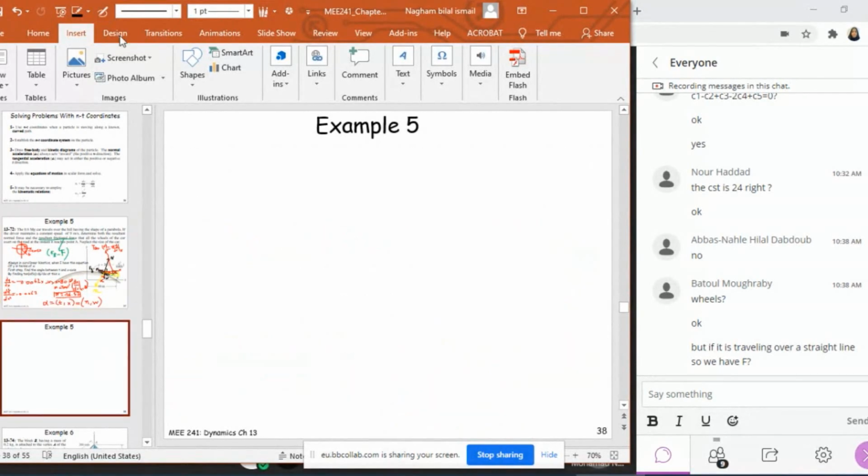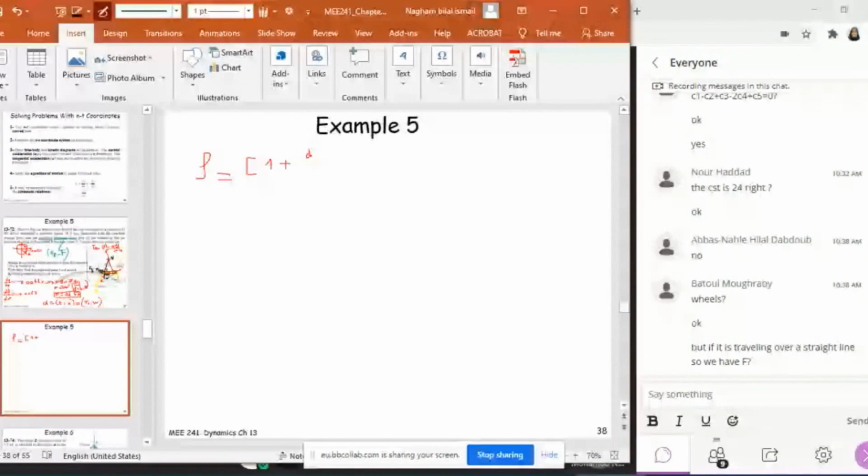Now, if I know d squared y over dx squared, I can find rho. Let's write it down: rho is 1 plus dy over dx squared, to the power 3 over 2, over the absolute value of d squared y over dx squared, right?